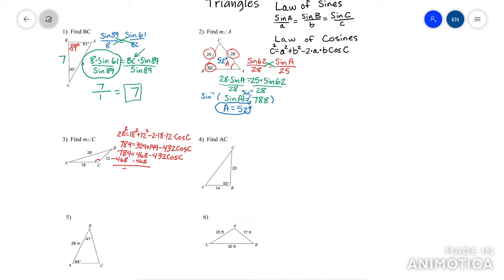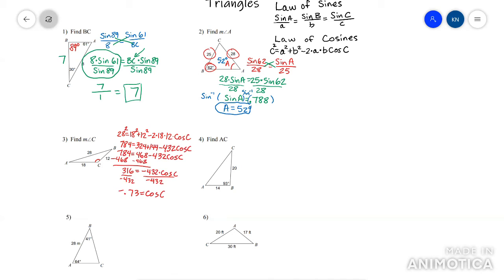You get 316 equals negative 432 times cosine C. My next step is to divide by negative 432. You get negative 0.73 is cosine C.